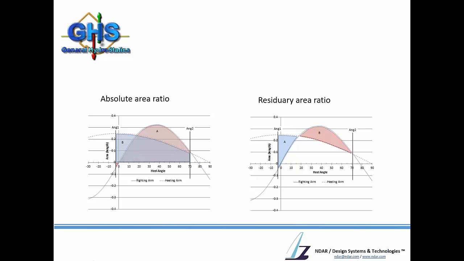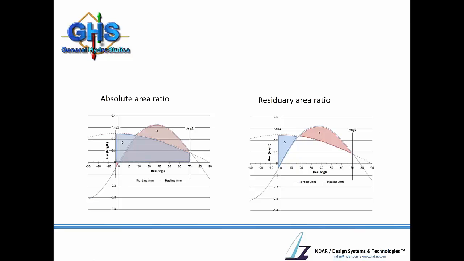And then it's taking the absolute area below the healing arm curve, which is labeled B here. And then it's making the ratio of the two between the angles that you have basically defined. So that would be, in this case, most typically a roll angle up to vanishing stability or downflooding, etc.